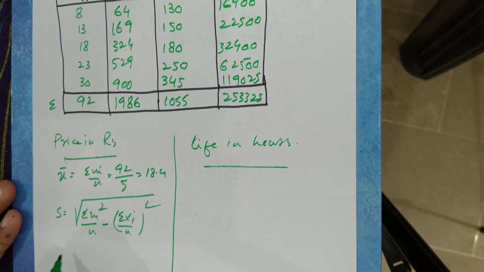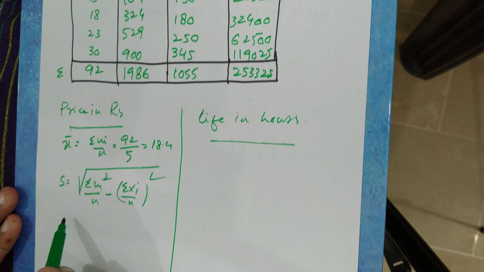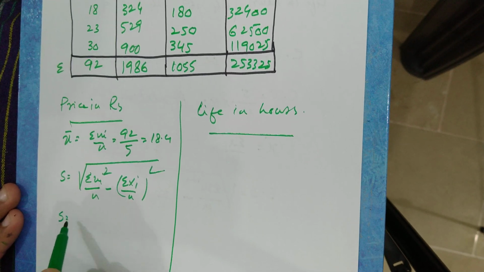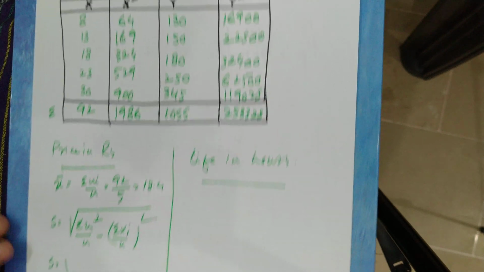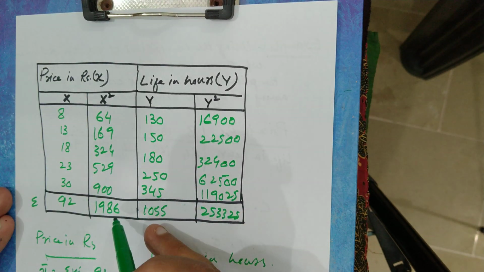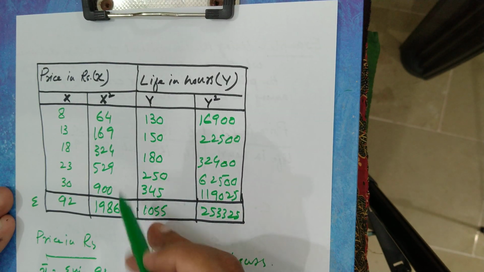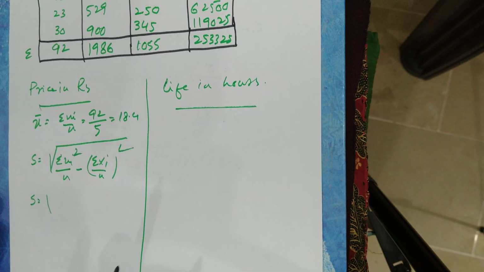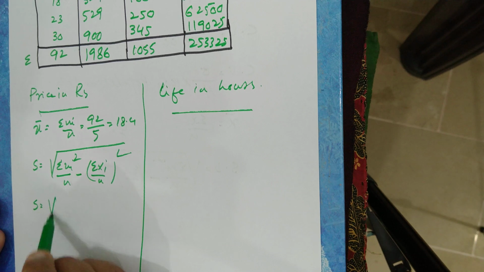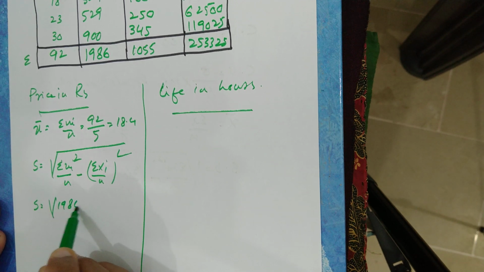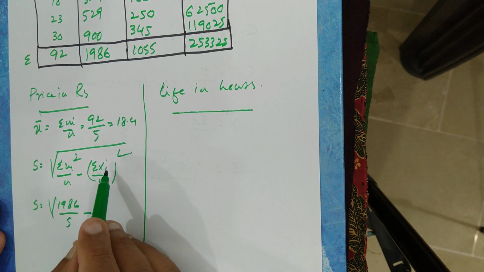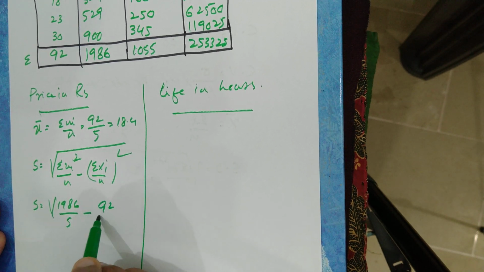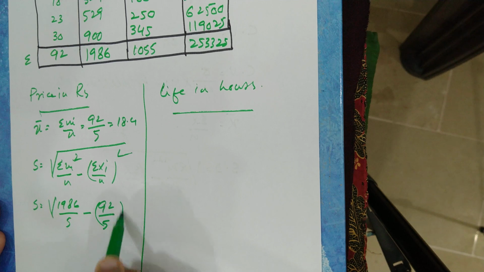So put in the values: the summation of xi square is 1986, so 1986 divided by 5 minus 92 divided by 5 whole square.